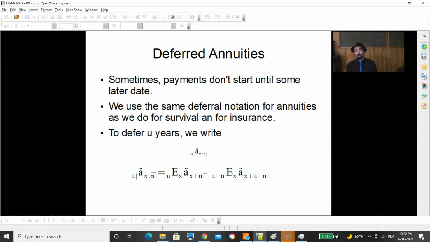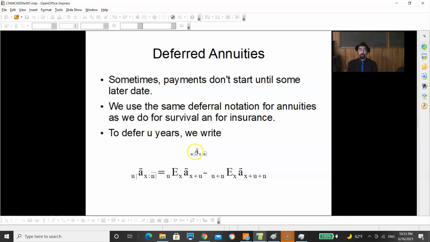It's called a deferred annuity. We use the same deferral notation for annuities as we have with survival probabilities and for insurance. To defer by U years, we just have the U vertical bar, A double dot X colon angle N. So this would mean that the annuity starts when the person is X plus U years old. The person is currently X years old.